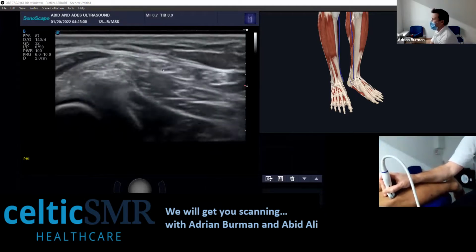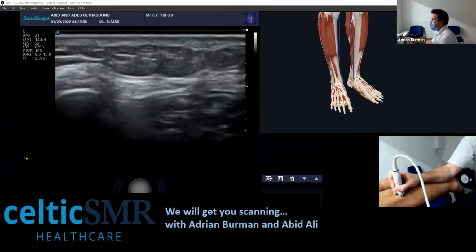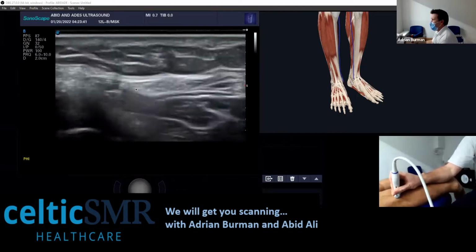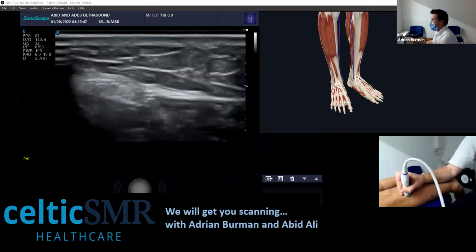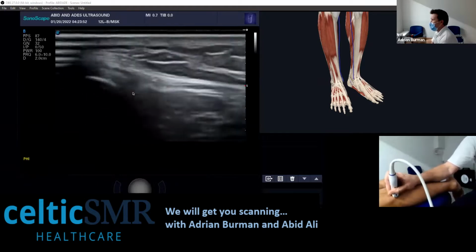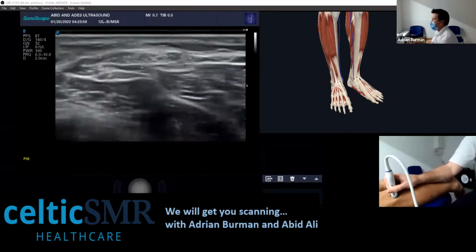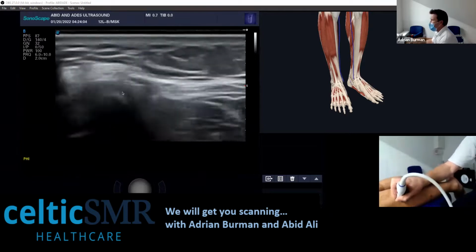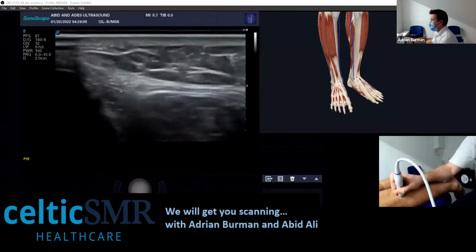So this is it here. And it's coming down. I'm going to lose it. So there's the fibula head there. Just the fibula head. So just look at the thickening of that nerve, basically.